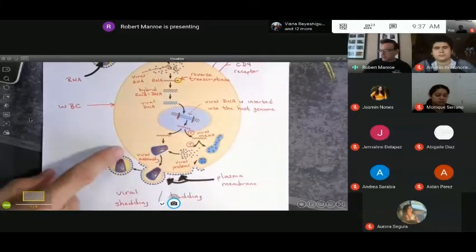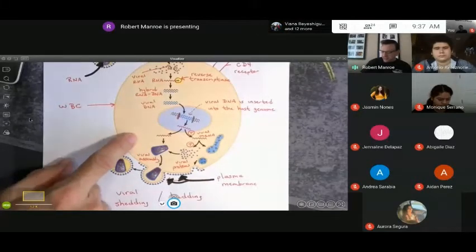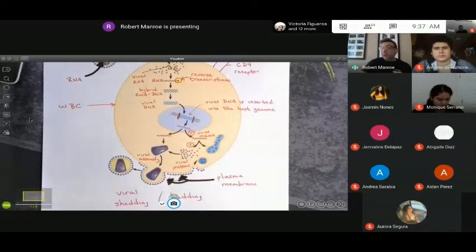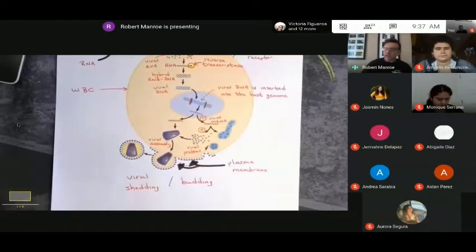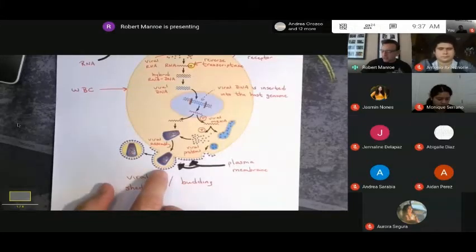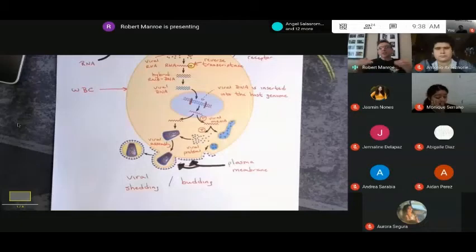And so these white blood cells then shed or bud virus. And so that's why an HIV patient, or an individual that is HIV positive, has an increased concentration of virus in certain bodily fluids.